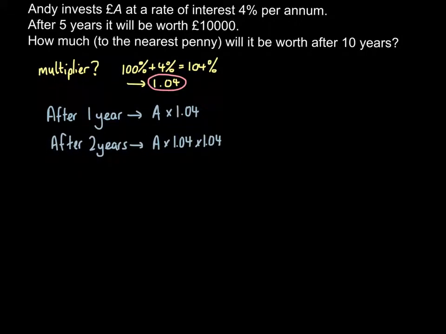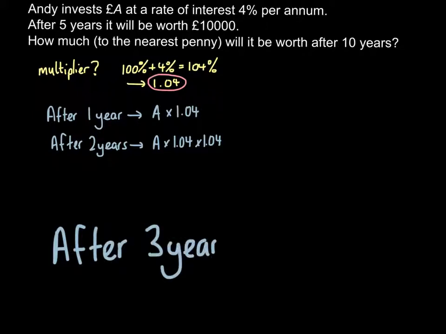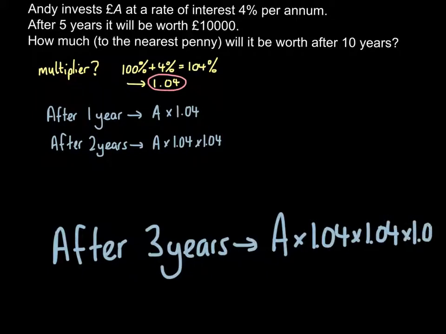As the video goes on, you might have an idea of what the nth term is going to be. It's going to be slightly different to what we were doing in exercise 7C, so beware. After 3 years, you'll have A multiplied by 1.04 multiplied by 1.04 from after 2 years, and then multiplied by a further 1.04.